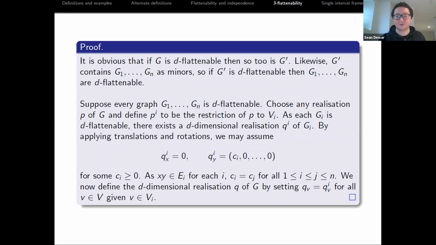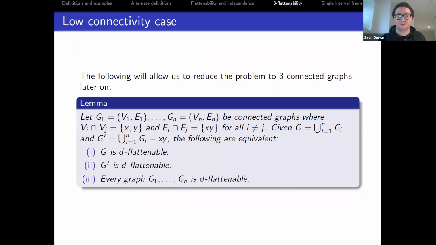We can say something similar with any clique. Basically, if we have a graph which is deflattenable, and instead of it being xy that they all contain, it was xyz, so it was like a triangle, as long as it contains all the edges in each one of these Gi, then you can make a similar statement about G and Gi.